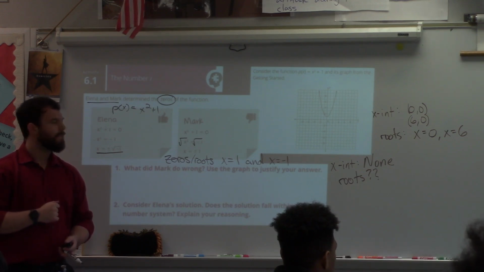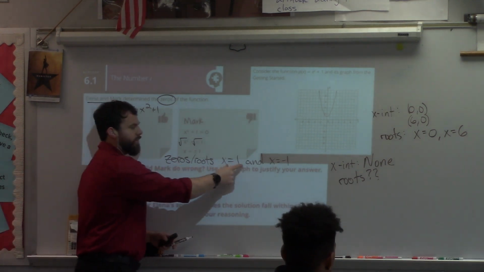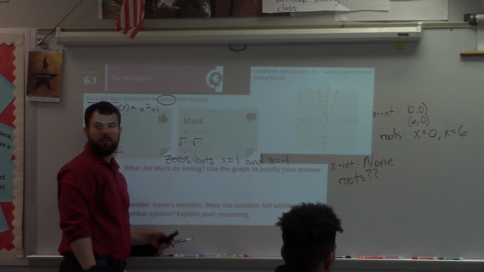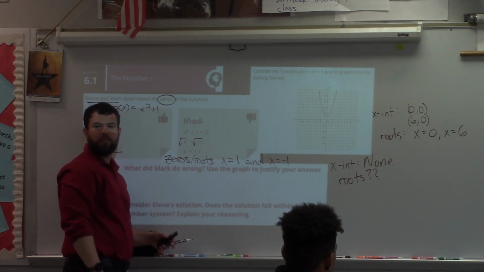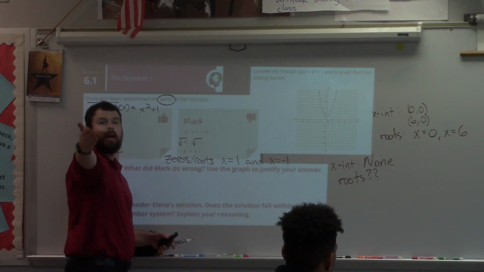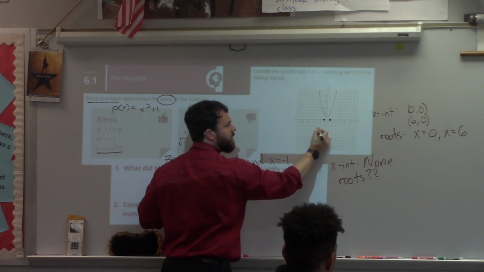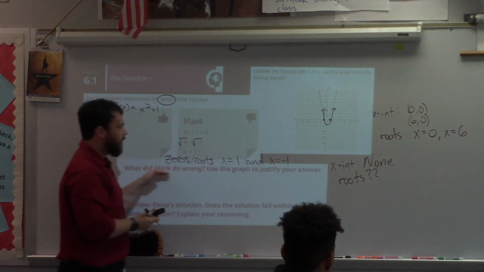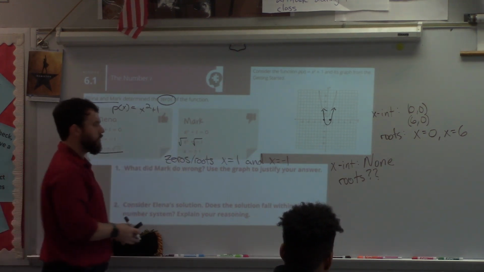Janiyah? The roots don't match up with the graph. If we're saying that we have these roots, what should we see on the graph? How do we see roots on the graph? On the x-axis, as x-intercepts. Do I see x-intercepts at -1, 0 and 1, 0? No, those don't exist. So if we don't see those x-intercepts, then those can't be roots.